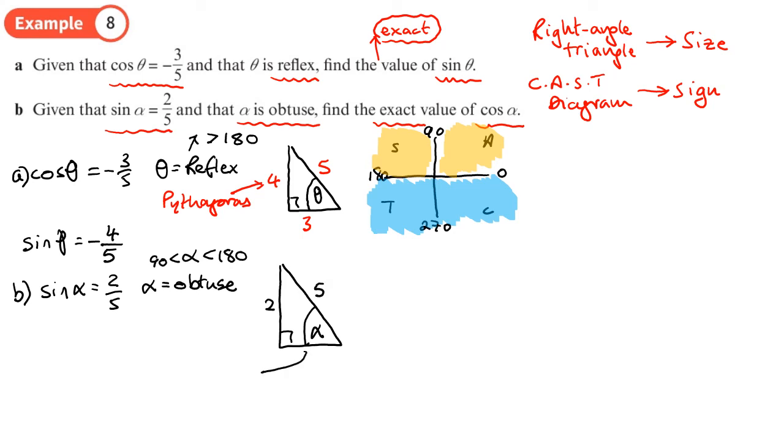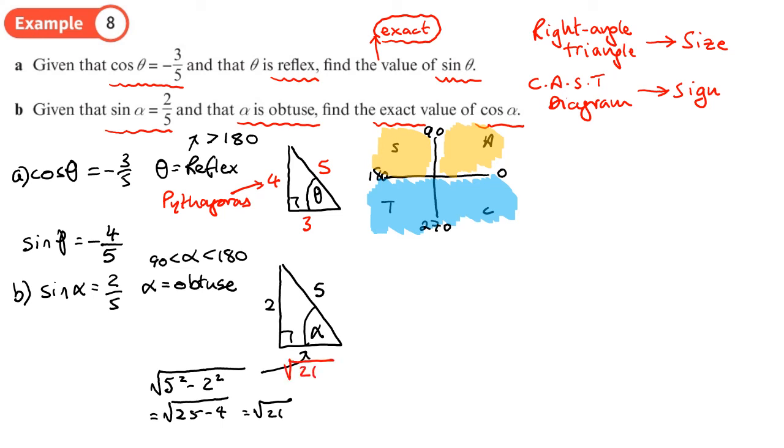So I'm going to use Pythagoras to work out this length here, and that will be the square root of 5 squared minus 2 squared, which is going to be 25 minus 4, which is root 21. So that's the exact length of this side here, root 21. We're going to keep it like that.